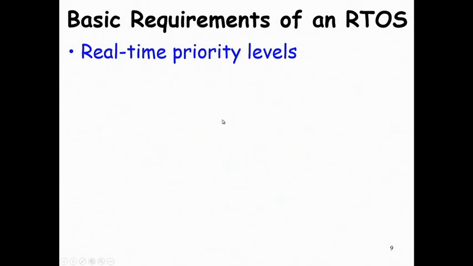Now, let us see what are the basic requirements for a real time operating system. The first thing is real time priority levels. Actually, in traditional operating systems like Unix, Windows, etc., the priority level keeps on shifting in every time slice. In the course we will see why the priority level shifts in a traditional operating system, what algorithm is used for these shifts, and then we will say that these are not suitable.